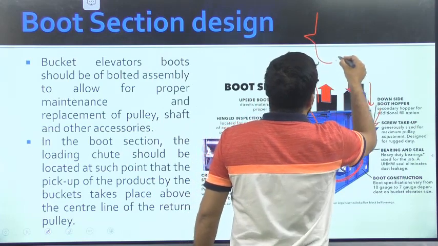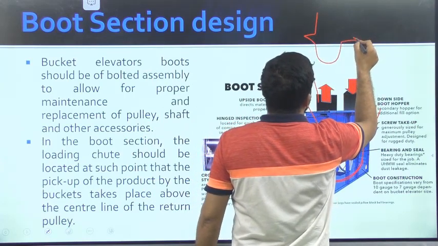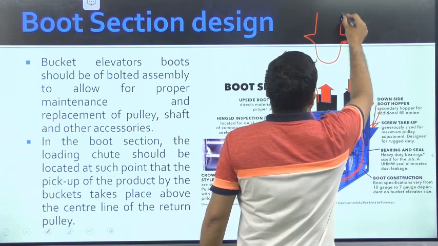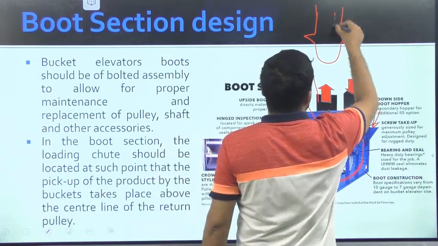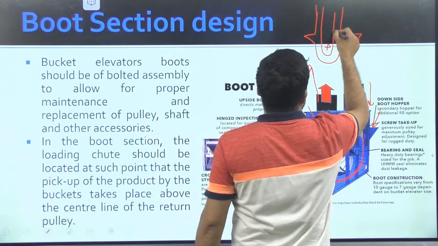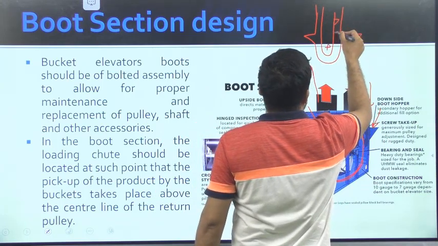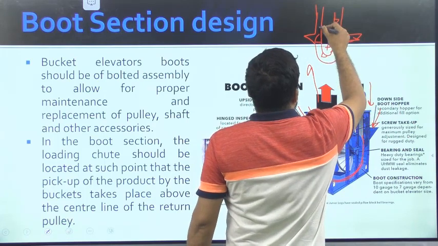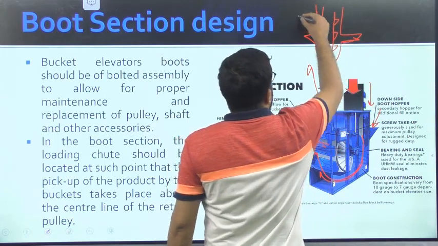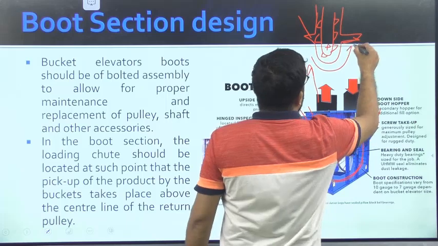Suppose we are talking about the bottom of the bucket elevator. Suppose this is the bucket elevator, these are the hoppers, and inside that there are buckets. If the motion of the bucket elevator is like this, and the buckets are fed from the front, this is front feeding.